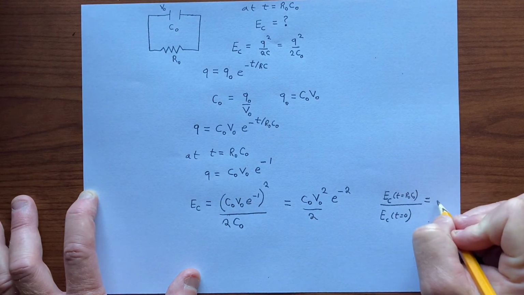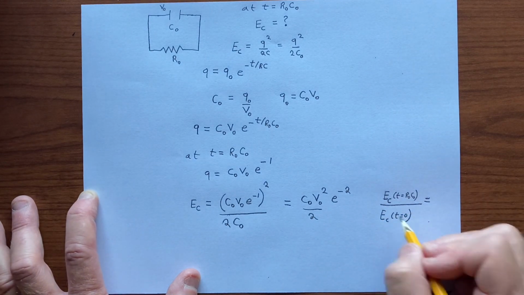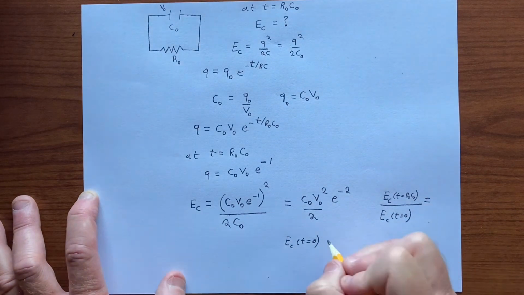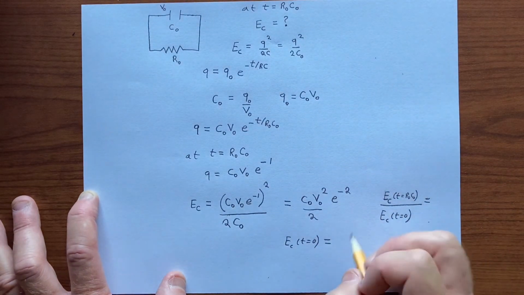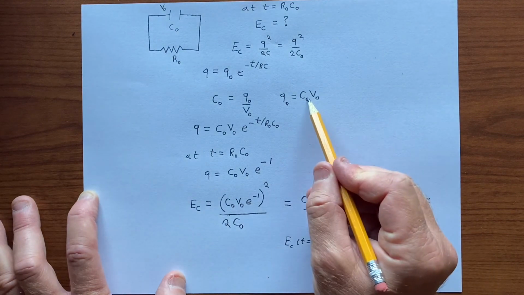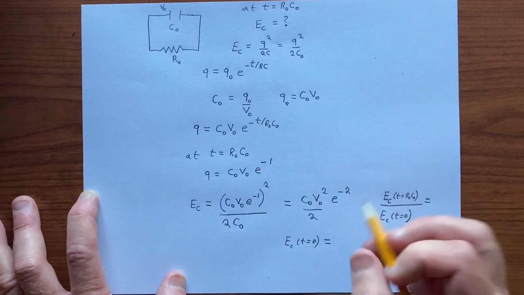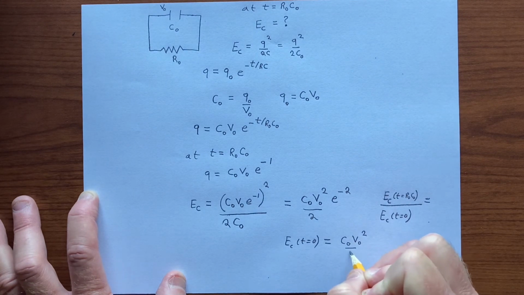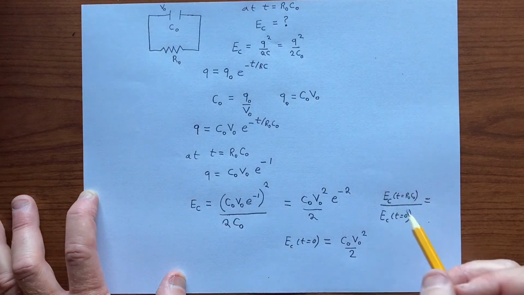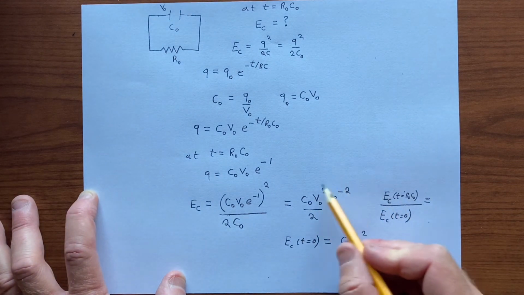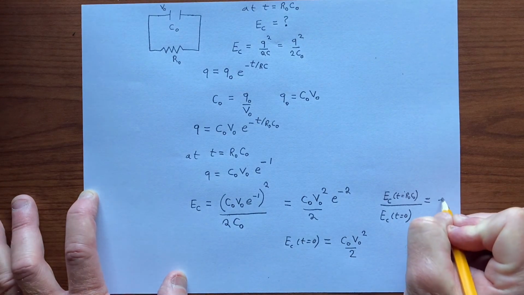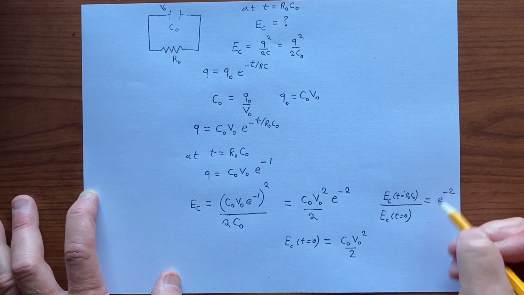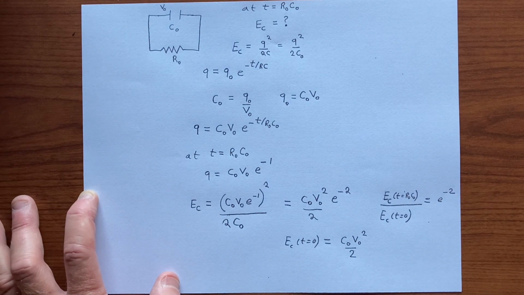I want to write this again, but EC at t equals 0, that is just Q squared over 2C, so that is C naught V naught squared over 2. And so this ratio is this divided by this, which is e to the minus 2. So we have like 1/9 of the energy that we had initially.